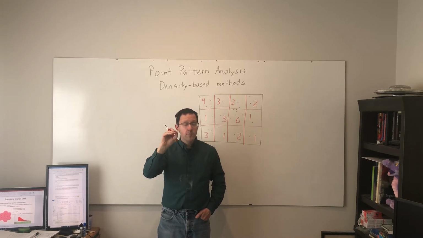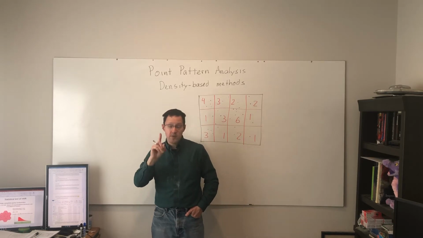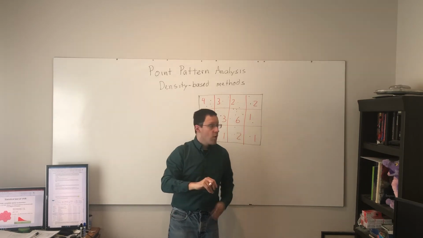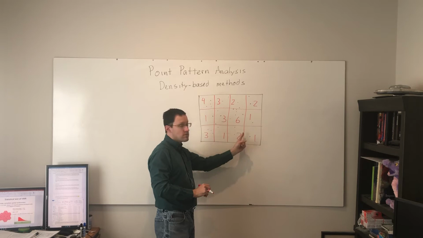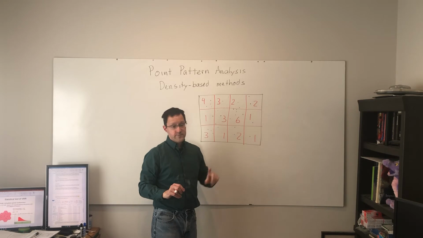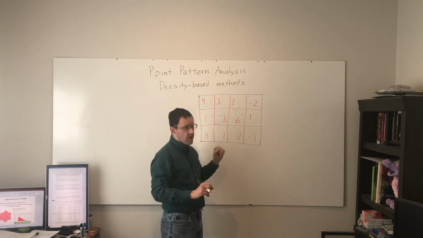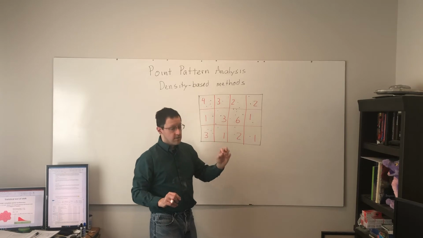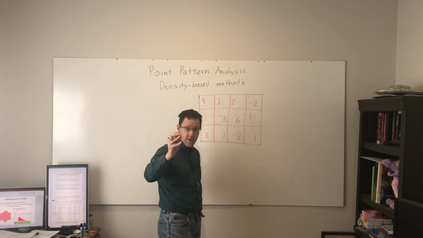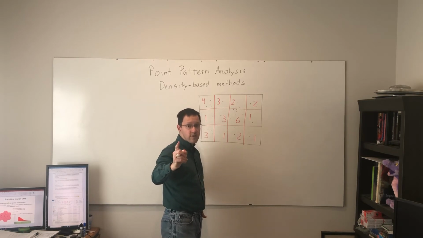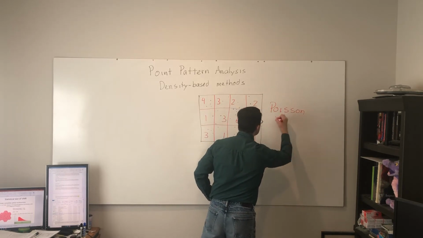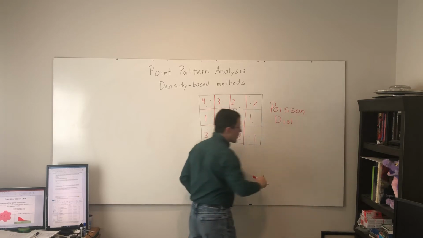In a way, both of them use one particularly strange property of what happens to these numbers if the points are following complete spatial randomness. And they will happen to follow a particular distribution. It is, we saw earlier, in fact, when we're looking at distributions and discrete distributions, the Poisson distribution.